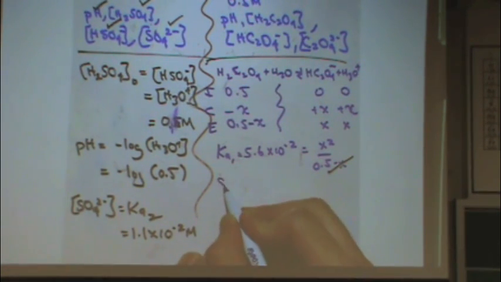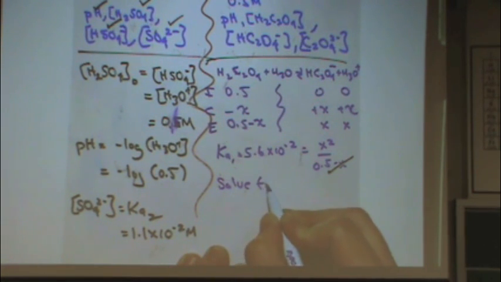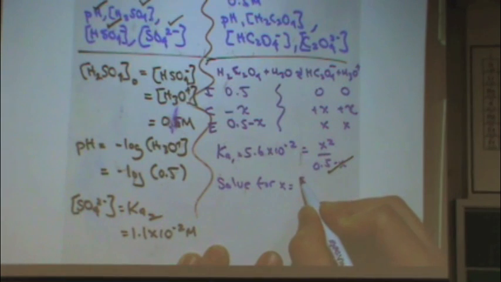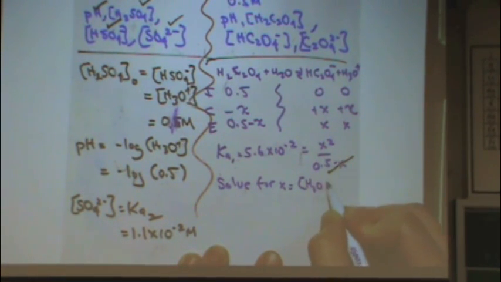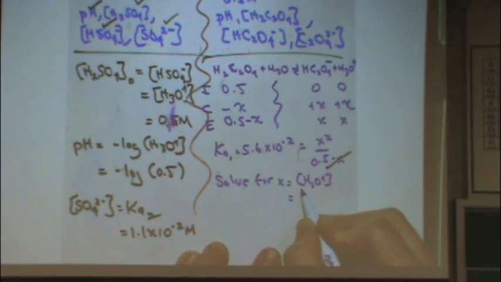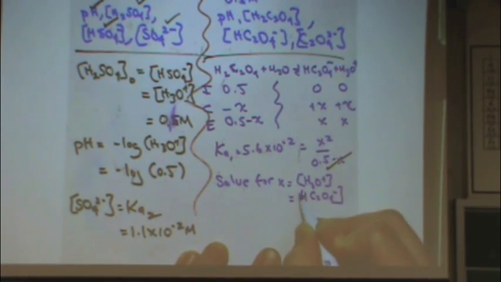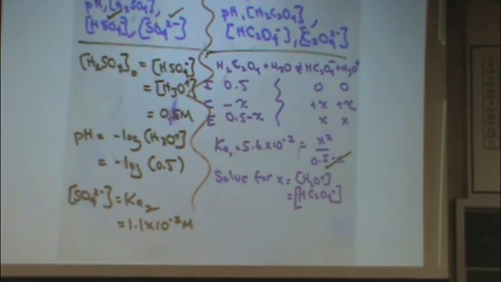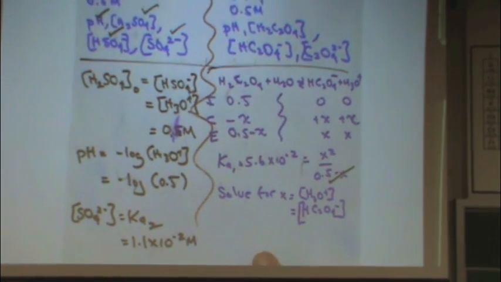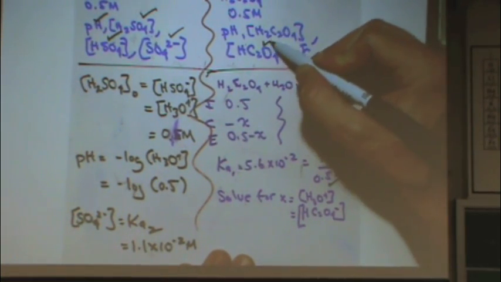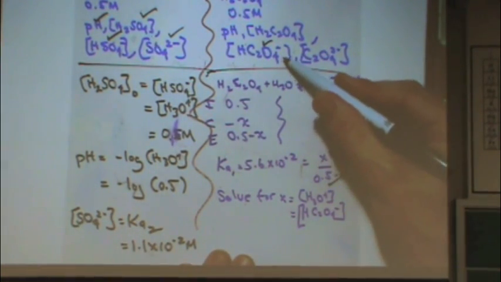And I'll just write it here. Solve for x. And x is going to be equal to a couple important things. First, H3O plus. Second, it's the HC2O4 minus concentration. And so once I find x, if I check off my list up here, I'll have HC2O4 minus.